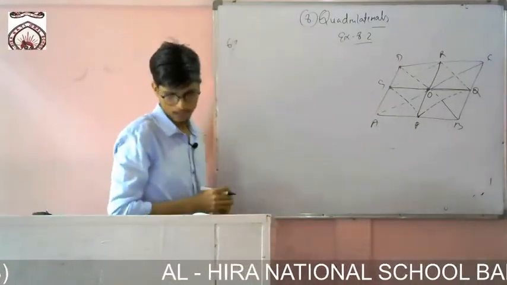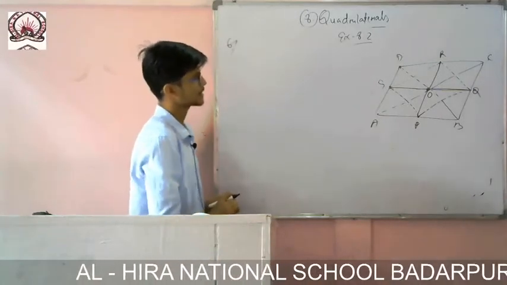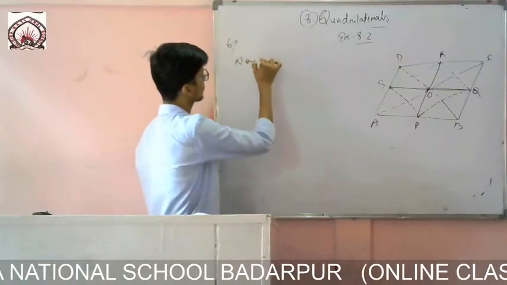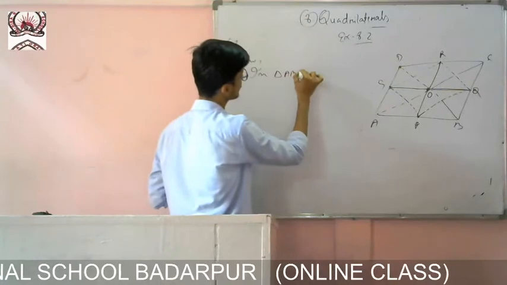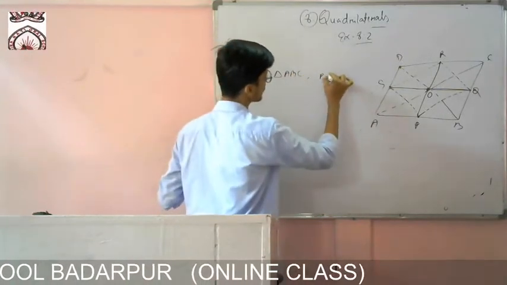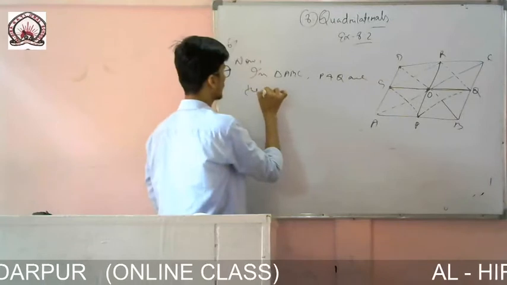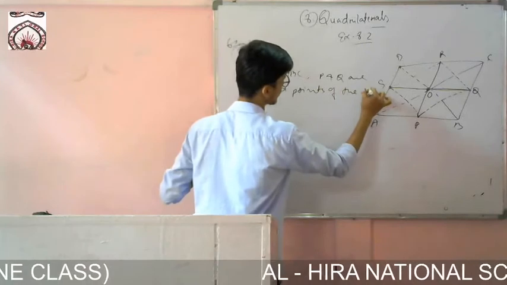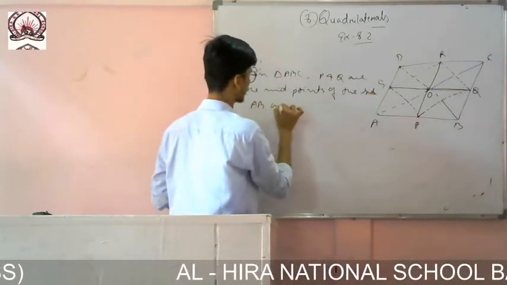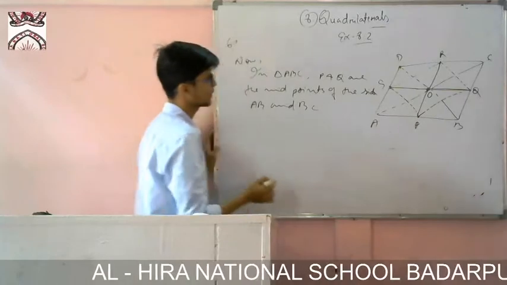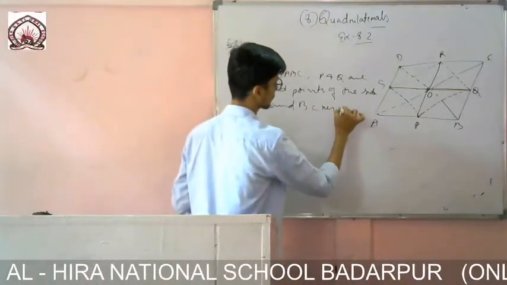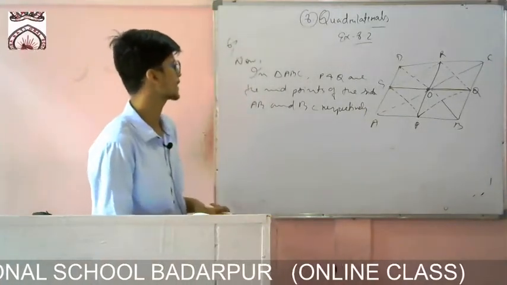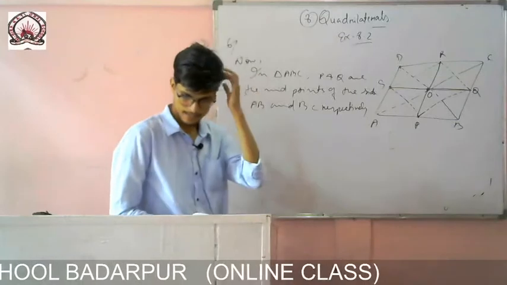Now in triangle ABC, P and Q are the midpoints of the sides AB and BC respectively.